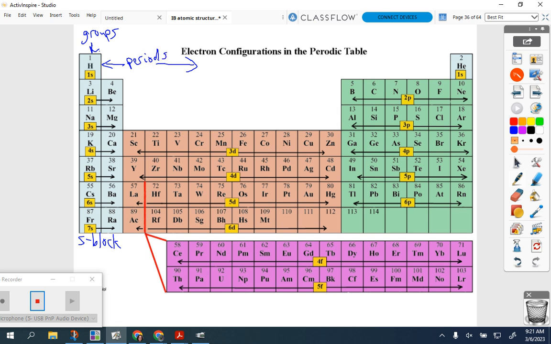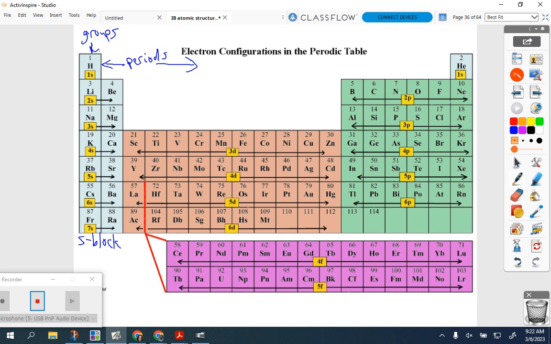So as we go across a period, we are filling in electrons in one particular energy level. And the weird part is hydrogen and helium, because hydrogen is in the first group because it has 1 electron, just like these all have 1 electron in their respective outer energy level.